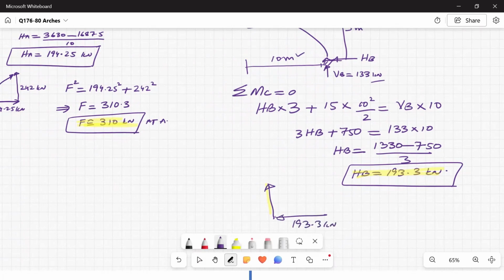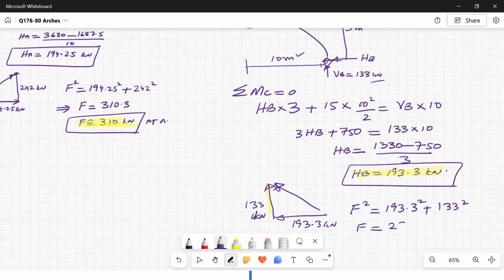Once you have got HB, then you can find out the thrust. HB is 193.3 kilonewton, and the vertical reaction is 133 kilonewton, and we are interested in F. So F squared will be equal to 193.3 squared plus 133 squared. This gives me F as 234.7 kilonewton.